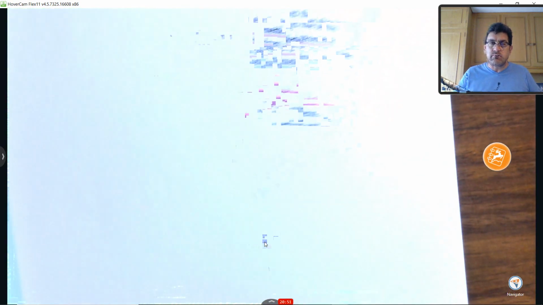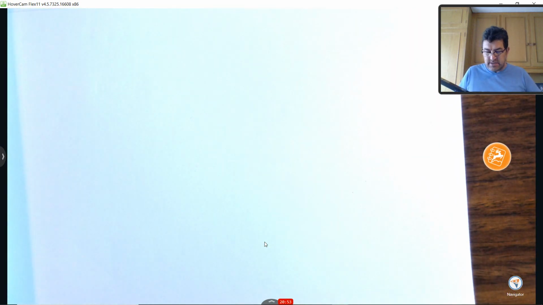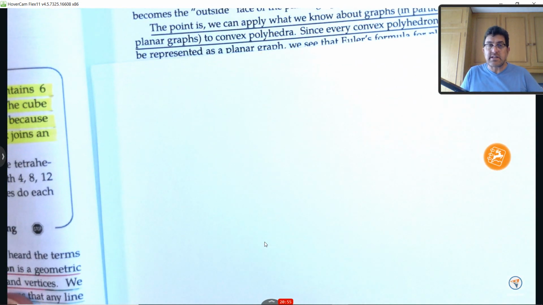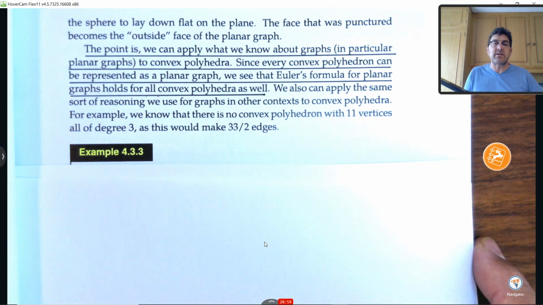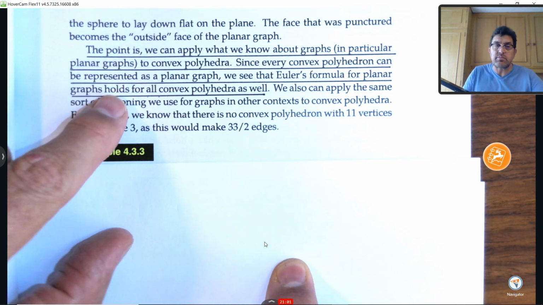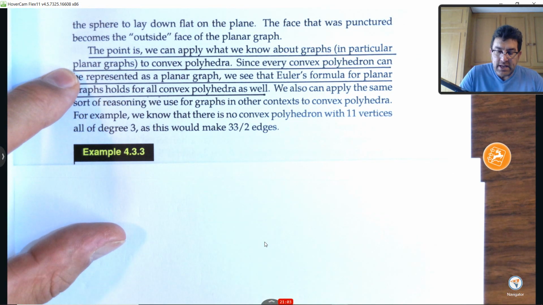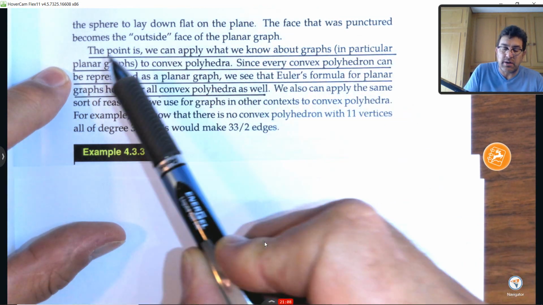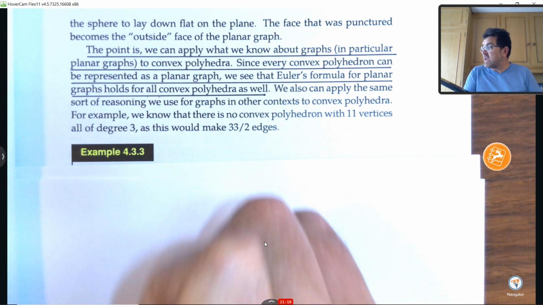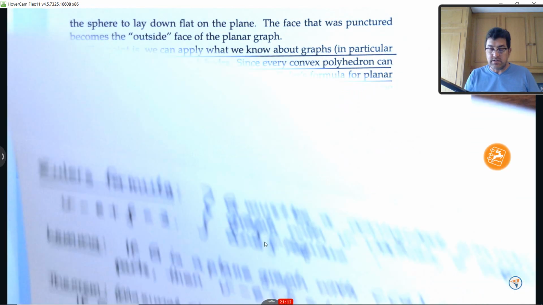What I want to do next is look at the things that they ask us to prove in the book. Before we get to the example, let's just have a look at what they say here. We can apply what we know about graphs, in particular planar graphs. So where's our little arsenal of theorems?